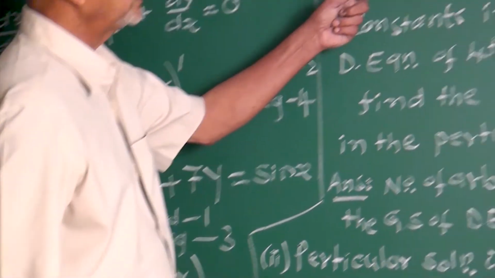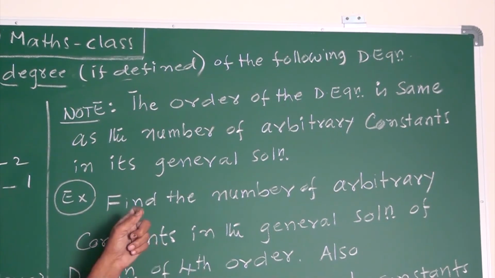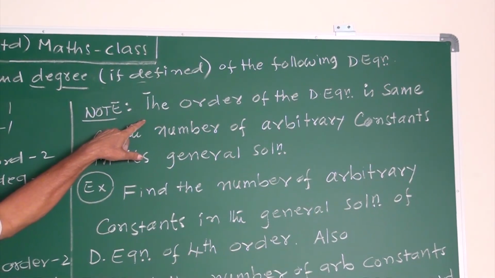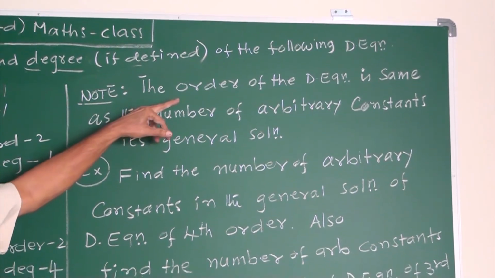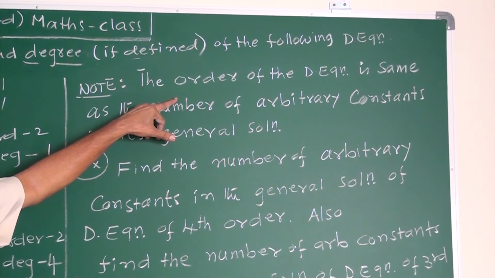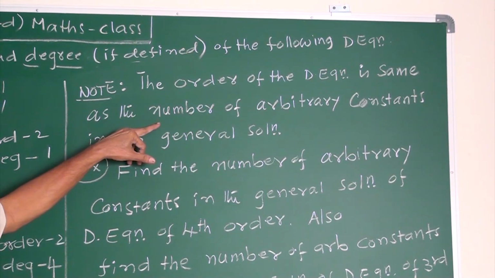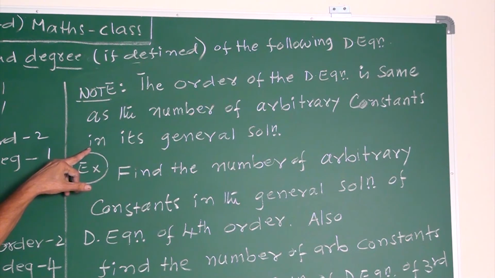Then there is one example in your book, my friend, which depends upon this result. This result I have written as a note. What is that note? The order of the differential equation is the same as the number of arbitrary constants in the general solution of the differential equation.